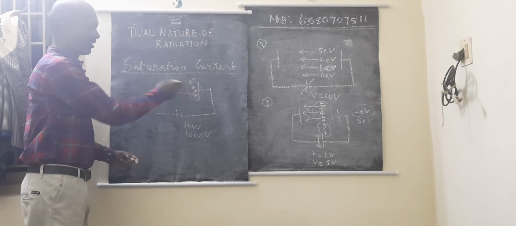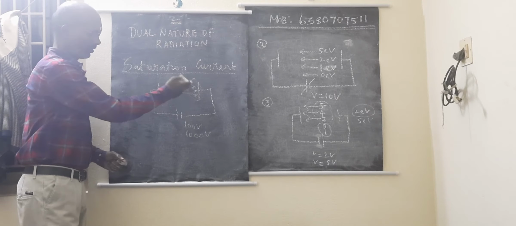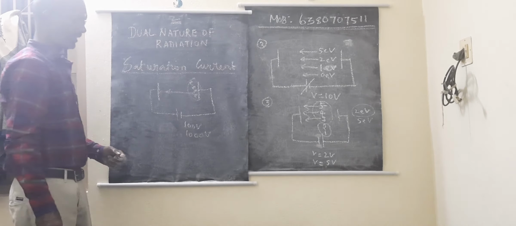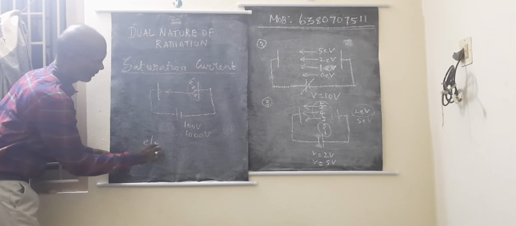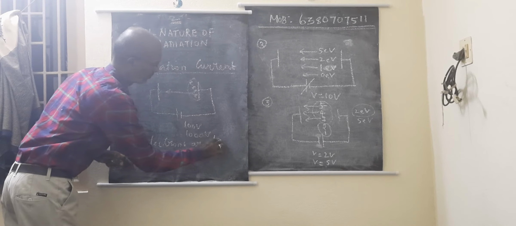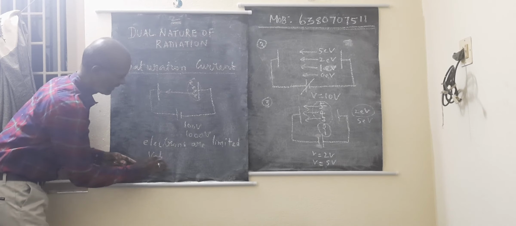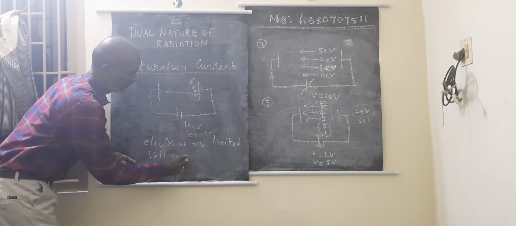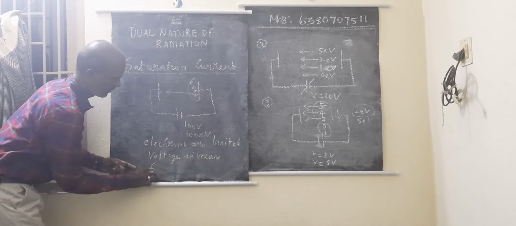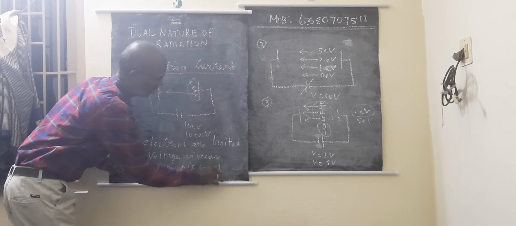If 5 electrons have gone to the other end, then the current is 5, whether 100 volt is applied or 1000 volt is applied. So the electrons are limited, so when voltage is increased, the current is constant. That current is called saturation current.